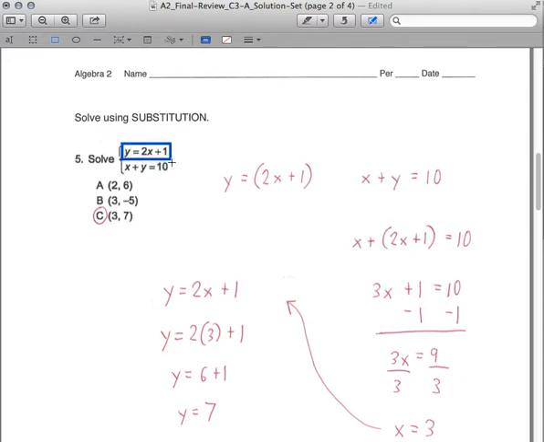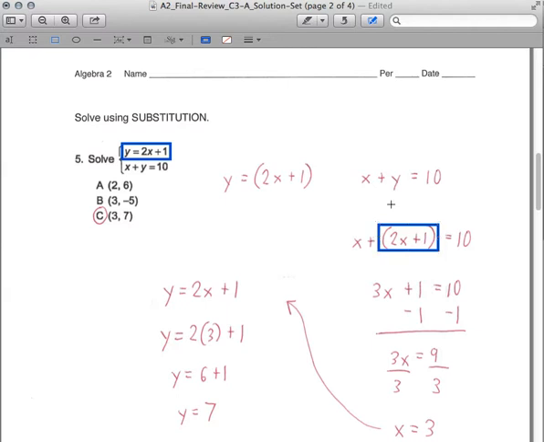One of them already has one of the variables isolated, y equals 2x plus 1. That means we can take the value 2x plus 1 and substitute it into the other equation for y, because y and 2x plus 1 represent the same value. And you can see that happen right here.